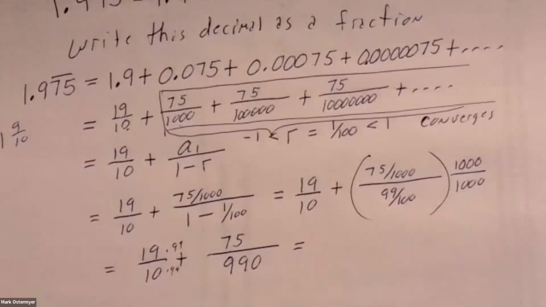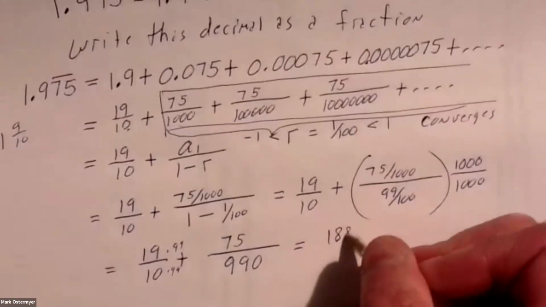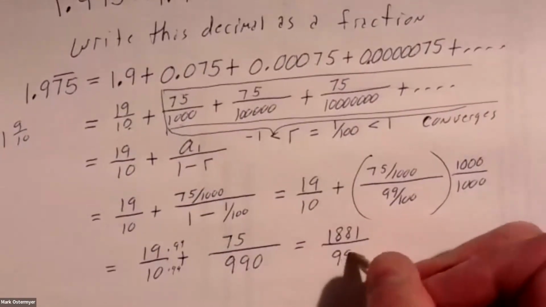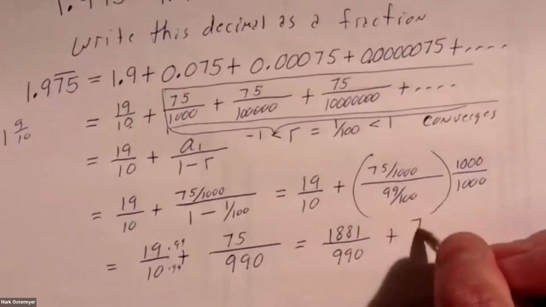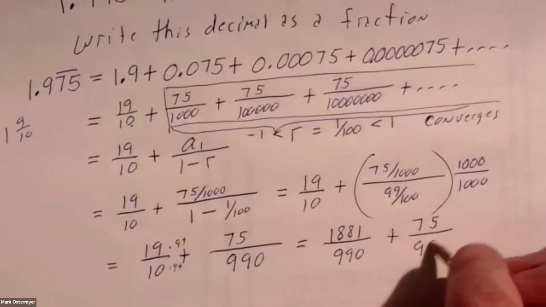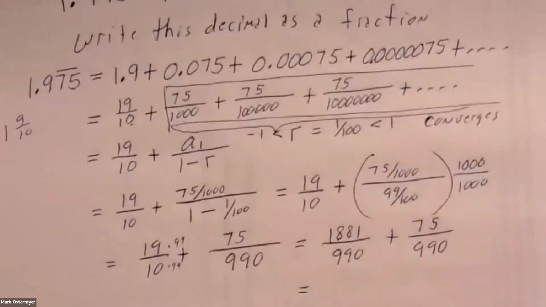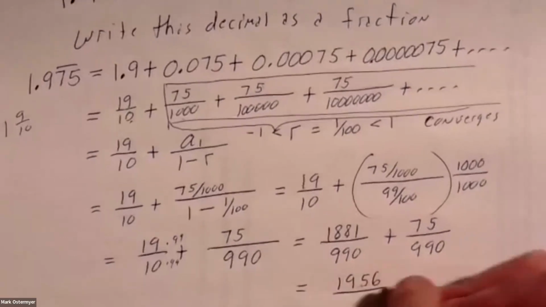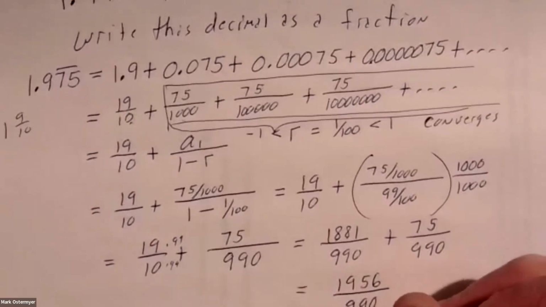This is all basic math here. 19 times 99 is 1881 over 990 plus 75 over 990, which, 1881 plus 75 gives me 1956 over 990.